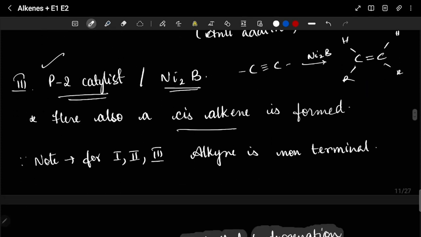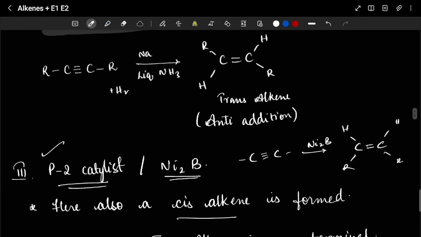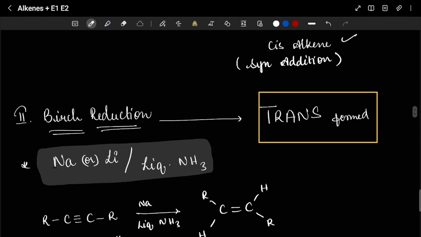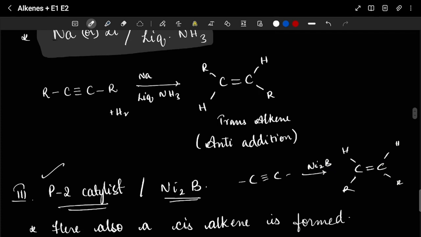And for these three methods, the alkyne should not be terminal. If the alkyne is terminal, then this does not take place. So the alkyne should be somewhere in the middle of the chain. Okay, right.